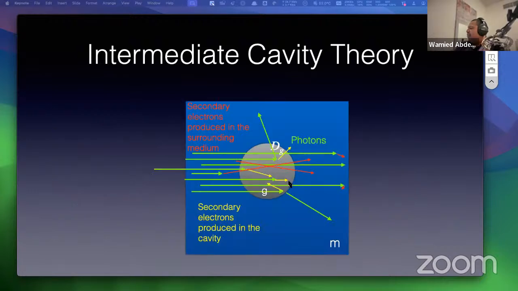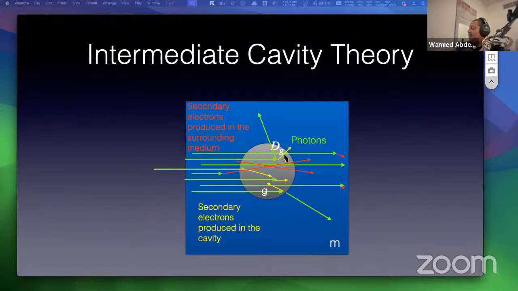So the situation: we have a cavity, we have photons, and with the photons we get secondary electrons generated within the cavity by these photons, or secondary electrons generated by photons interacting in the medium. For these red electrons, we can apply the small cavity theory.